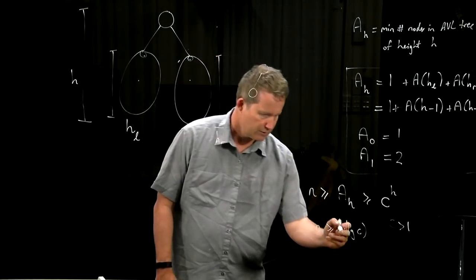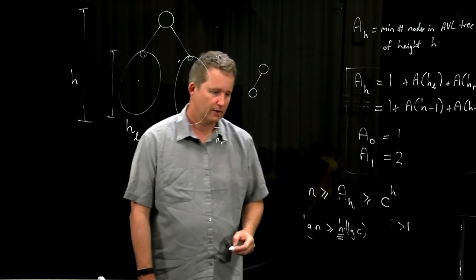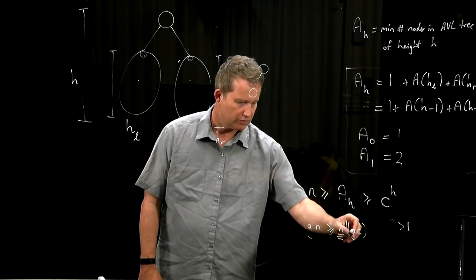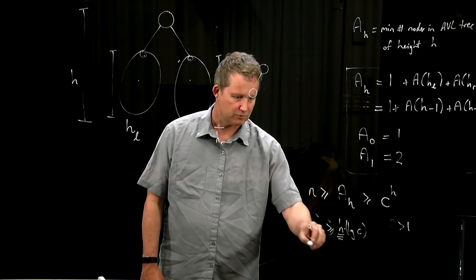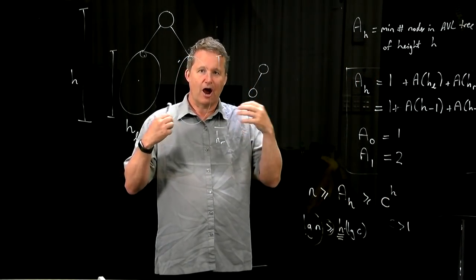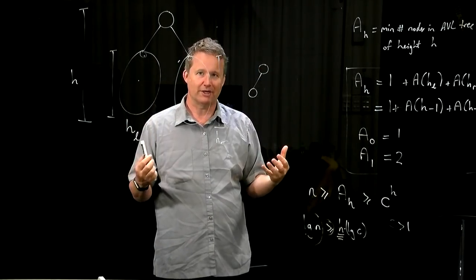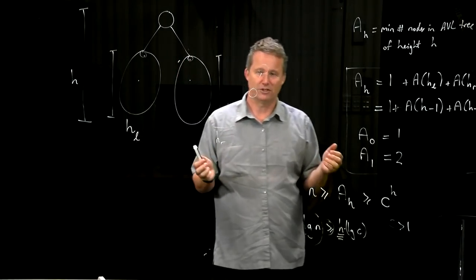In other words, the height is less than or equal to some constant times log n. So AVL trees are in fact pretty balanced, have nice height, just as we expected intuitively from the definition.